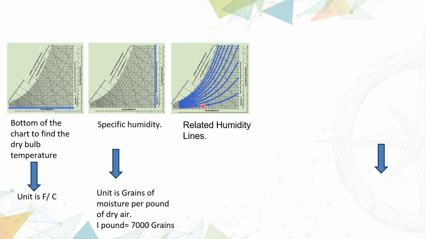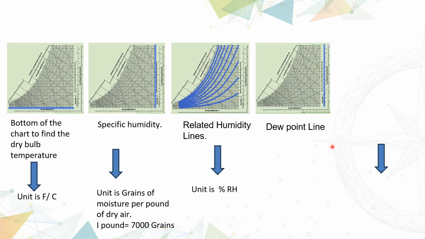It is expressed as a percentage. You can see this is the curved line, representing our relative humidity curves. The unit is percentage. RH means relative humidity.